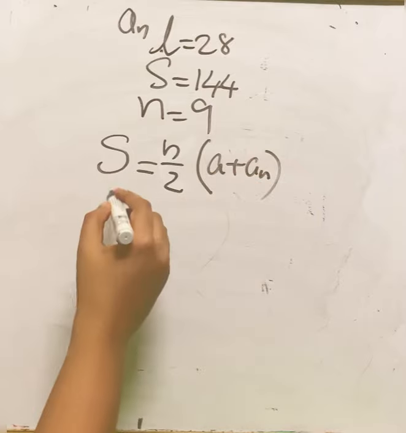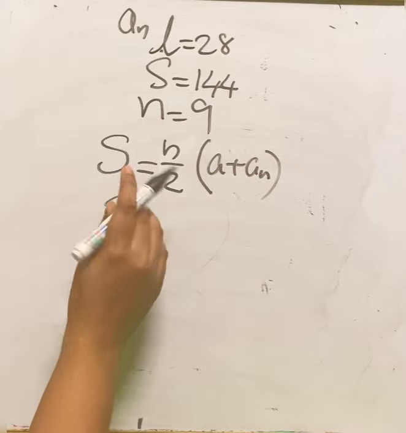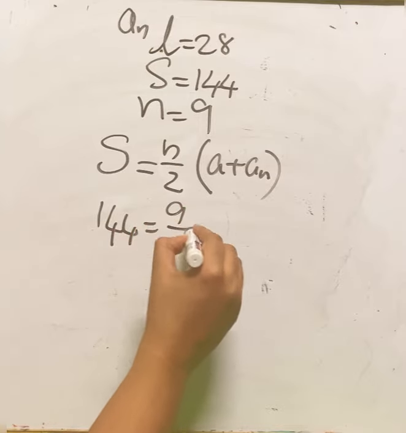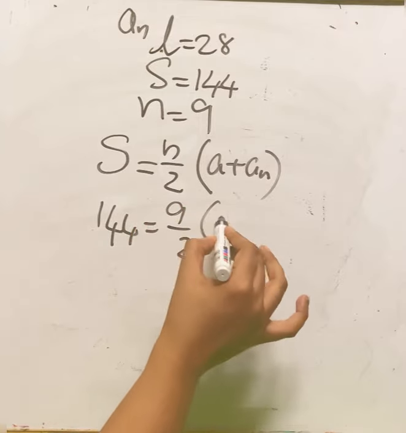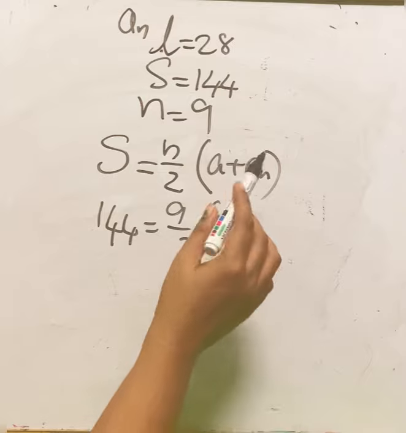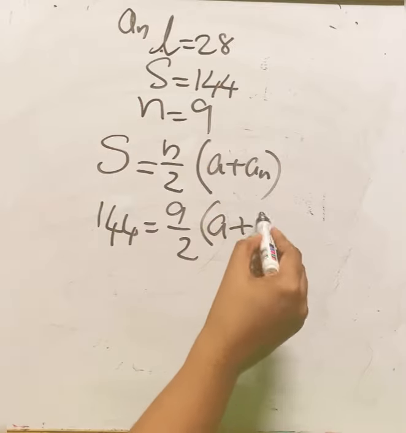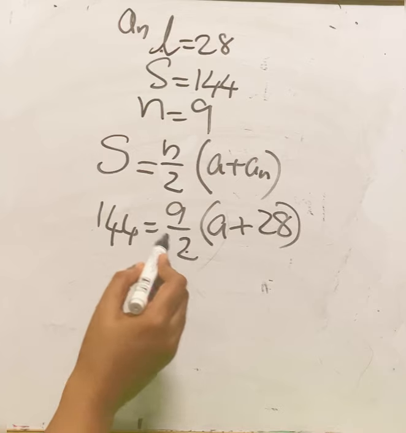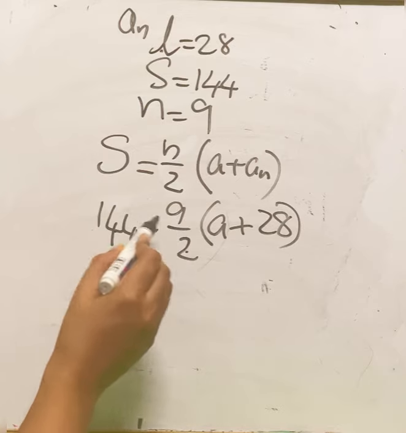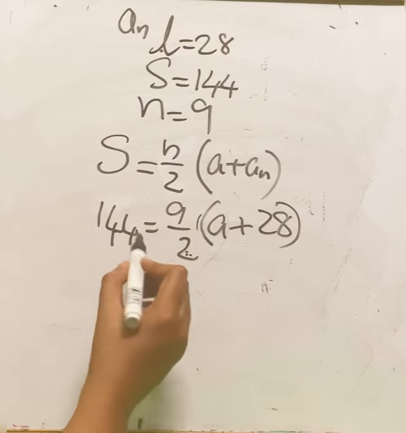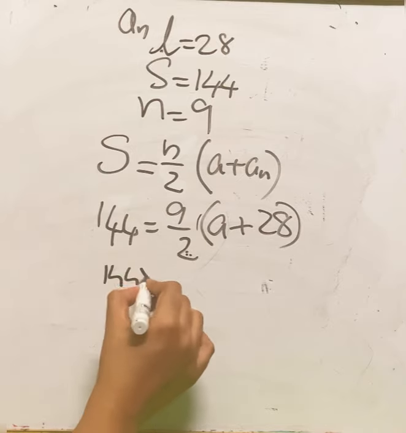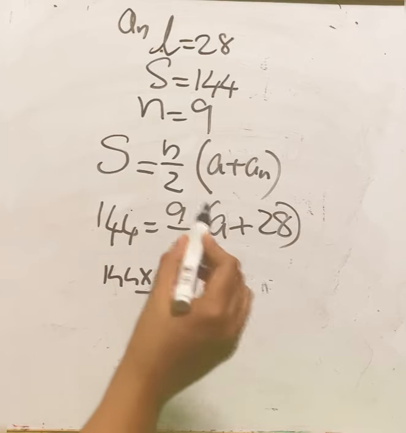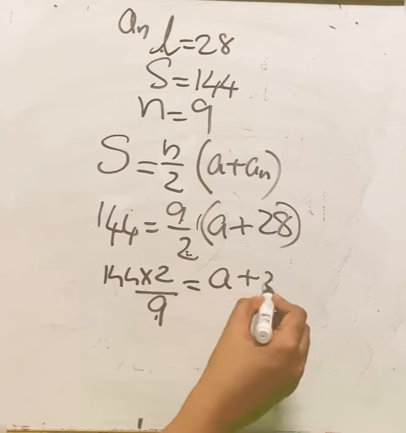S means 144 equal to 9 by 2 into a, we don't know, we have to find it, and an is the last term 28. Now this 2 you can take to this side because it is in the denominator and outside the bracket. It becomes 144 into 2 by 9, 9 goes to the denominator and 2 goes to the numerator, equal to a plus 28.